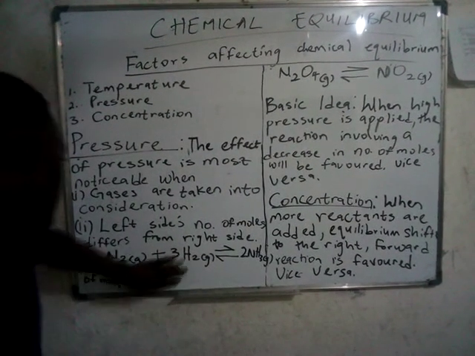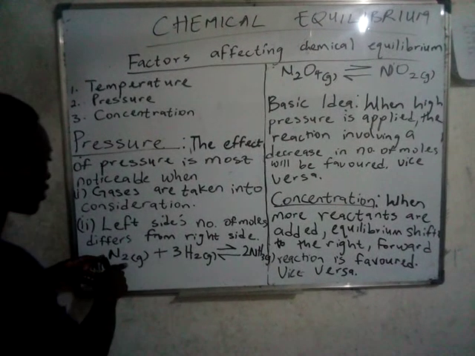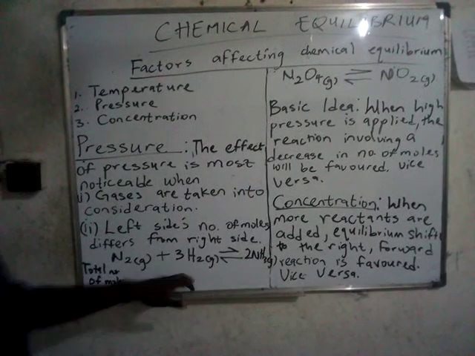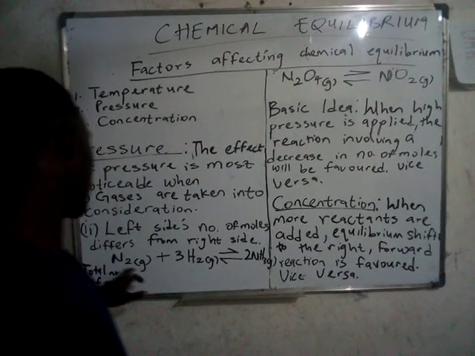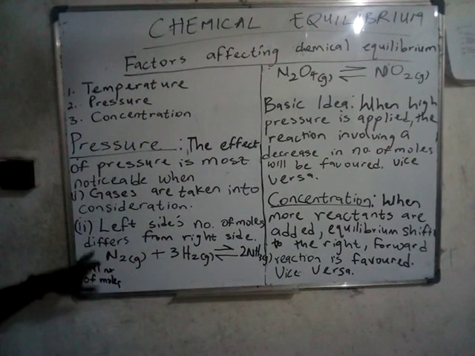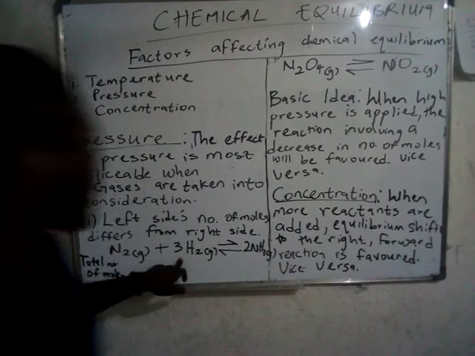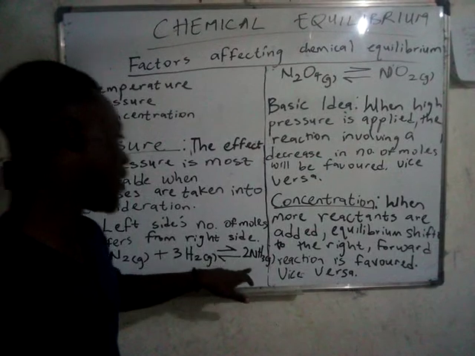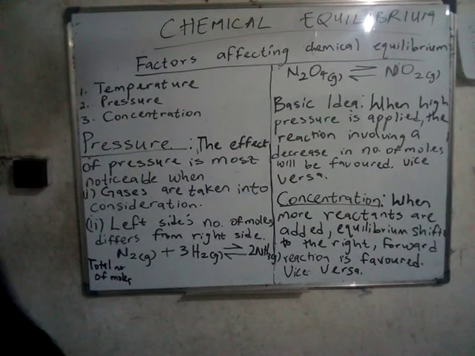For the reactants, you have 1 mole of nitrogen gas and 3 moles of hydrogen, and on the other side you have 2 moles of ammonia being formed.